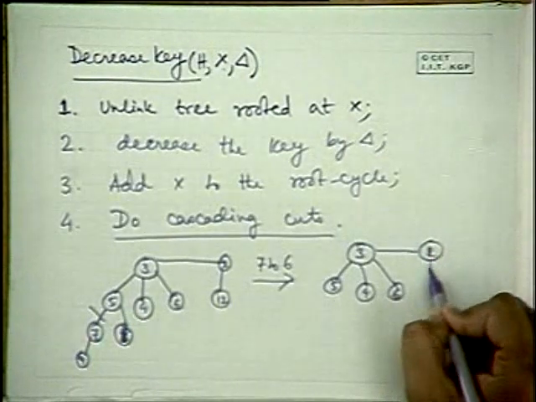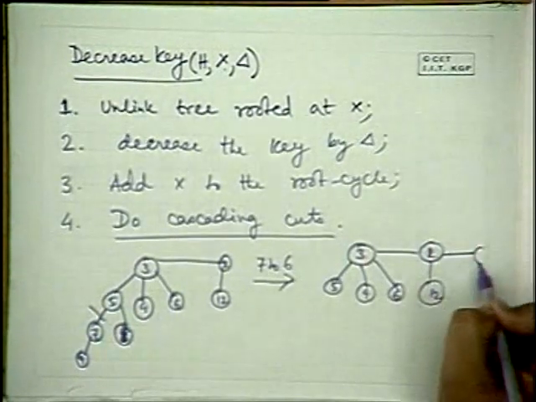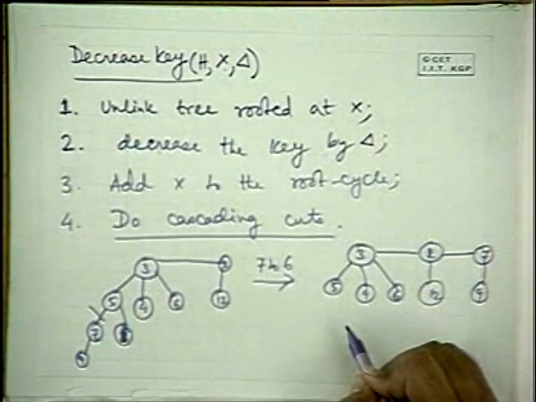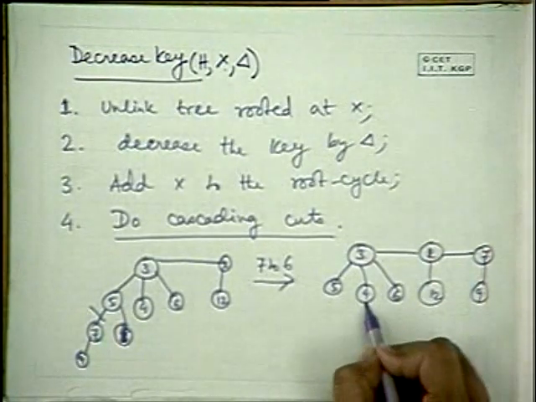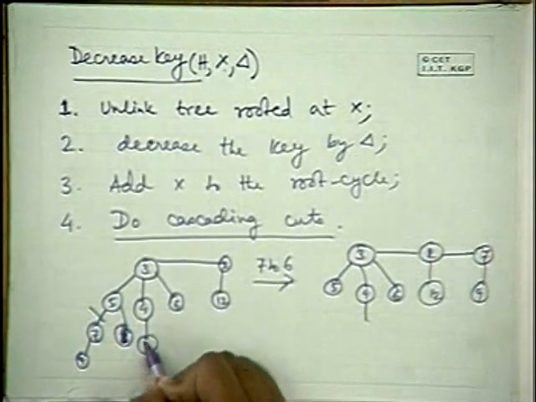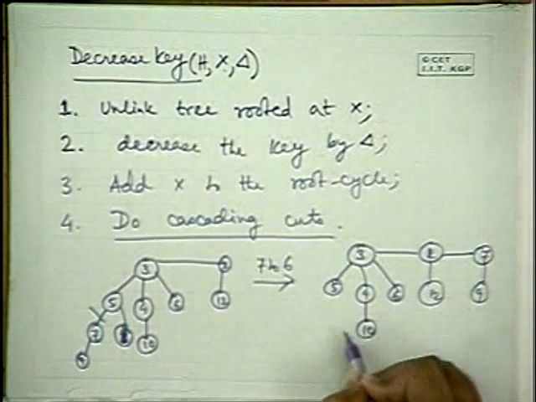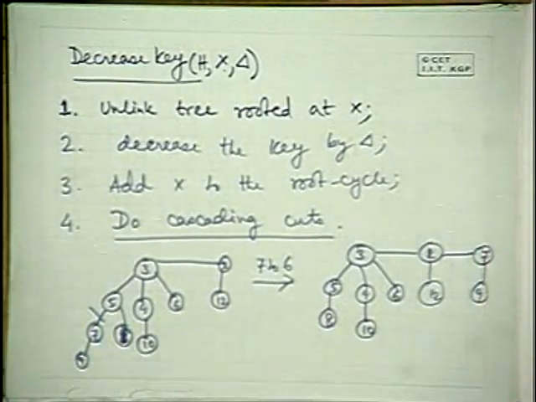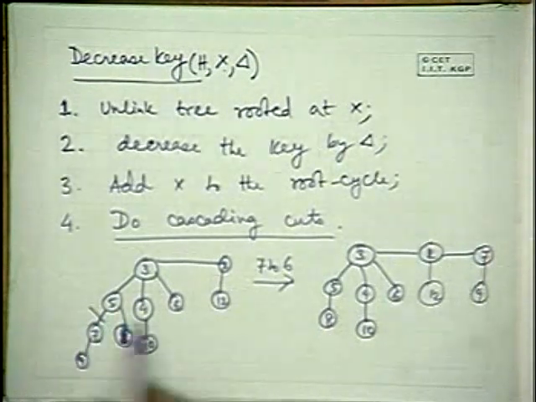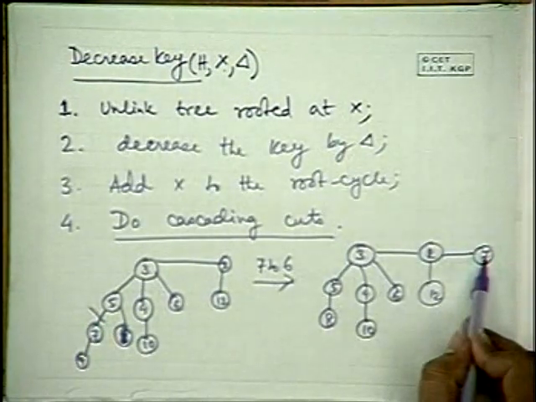So 2 and 12 was there, now this goes to the root cycle, 7 with 9 now. And 4 was here already with 10, say, this is also 10, and 5 will be having only 8. So we cut it here, put it in the root.